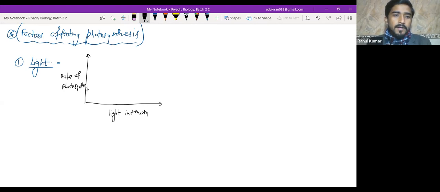So how do you think the graph will look like? Starting from 0, initially it's linear, like when light intensity increases, rate of photosynthesis increases, okay? But after some time it saturates and it stays saturated. Is it clear? Yes, sir.